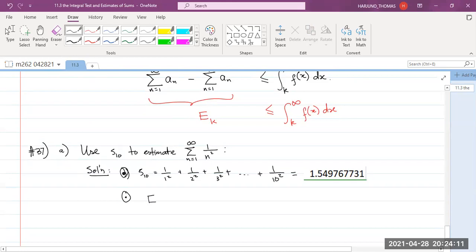The error of the first 10 terms will be at most the integral from 10 to infinity of 1 over x squared dx. You see what I mean? Okay, which will be the limit as t goes to infinity of the integral from 10 to t of x to the negative 2 dx.